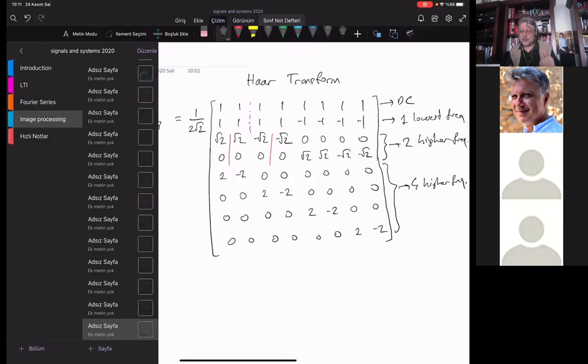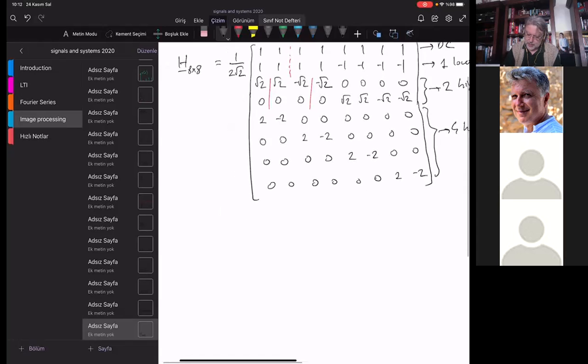So to split them, you will have to use 8 more higher frequencies. That's how you construct this Haar transformation matrix. It's not very complicated, but it is complicated enough. And the thing is that we don't implement it this way. So the implementation is not by matrix multiplication.